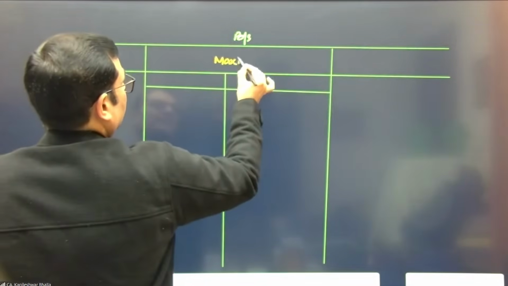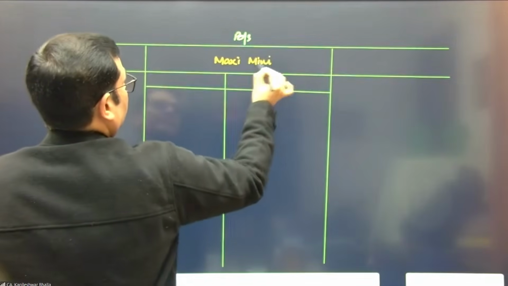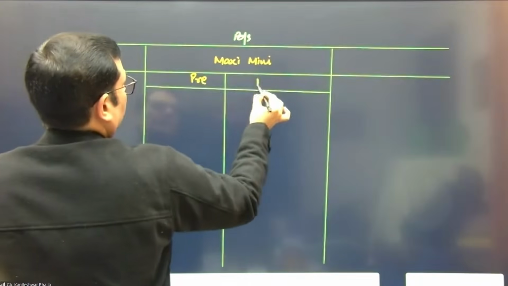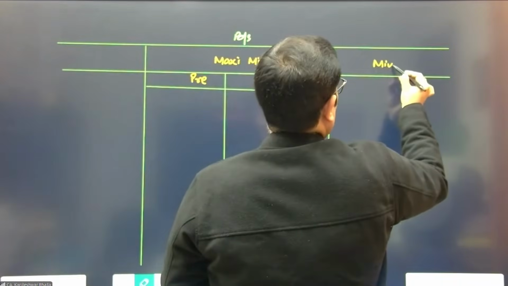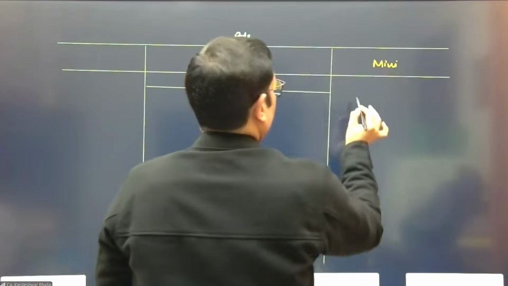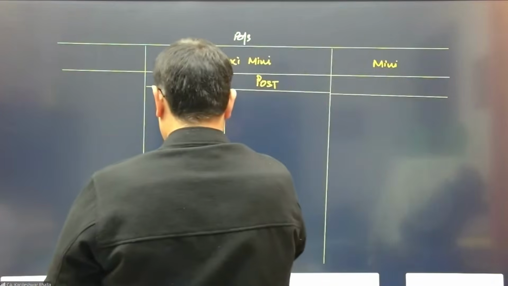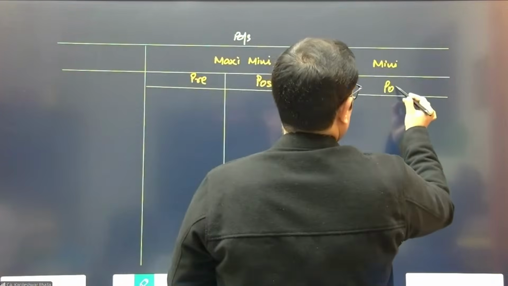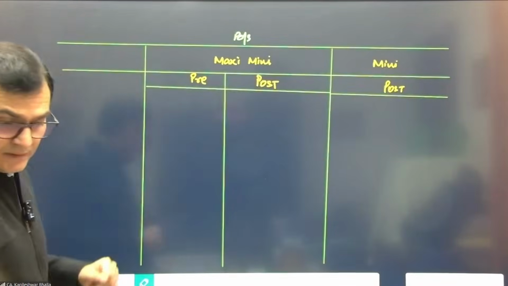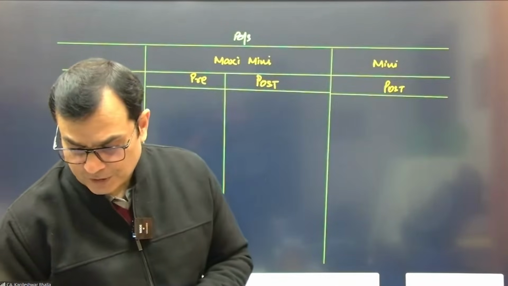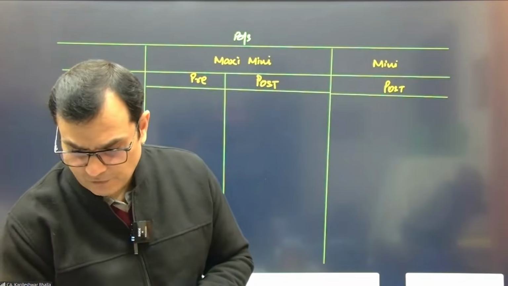One is Maximini, that is pre-demerger and post-demerger. And one is the balance sheet of Mini, which of course is post-demerger because this company was not in existence earlier. So this is post-demerger. So let's take the information from the question itself and we'll fit in the data.